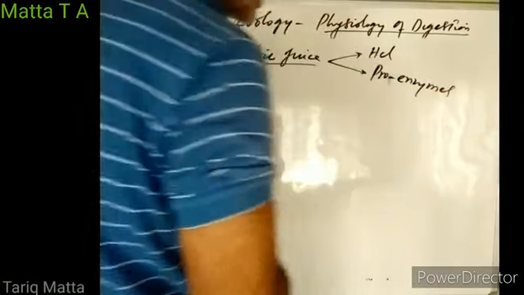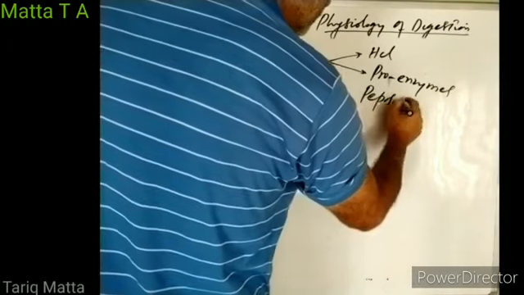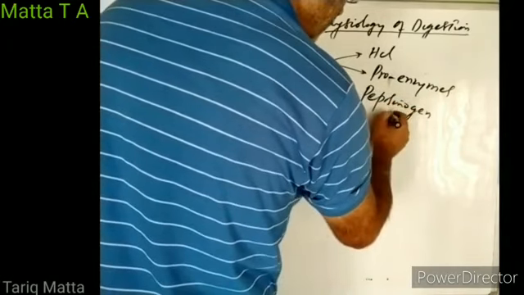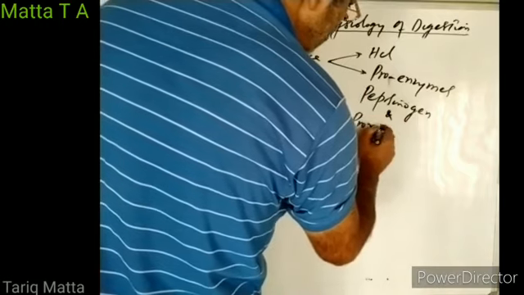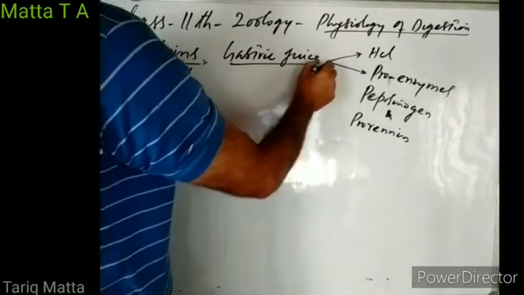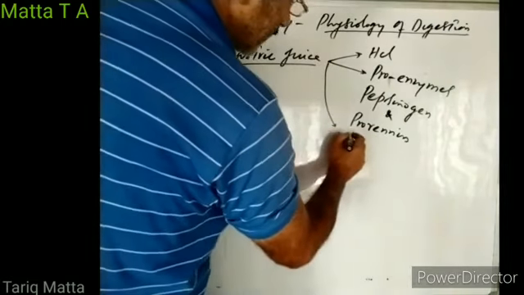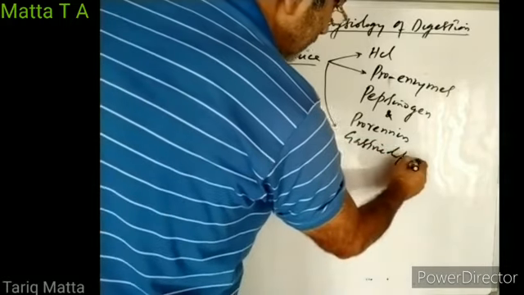There are two proenzymes, pepsinogen and prorenin. Right? And this gastric juice also contains a gastric lipase. Gastric lipase as well.